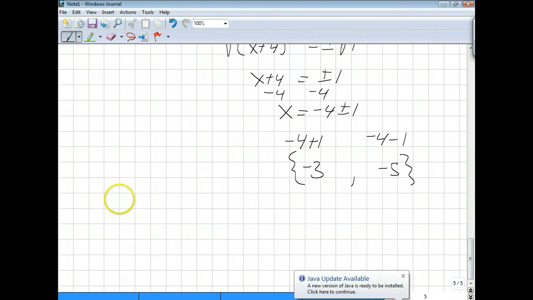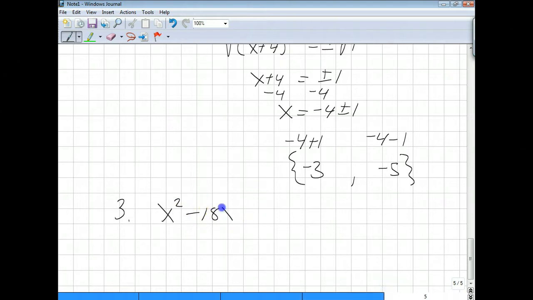One more like this. So again, notice that on all three of these examples that I am doing, the coefficient of the x squared term is a 1. And so when that's the case, and I want to solve by completing the square, all I have to do now is move the constant to the other side.